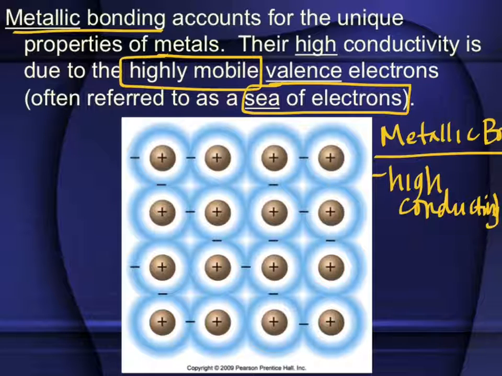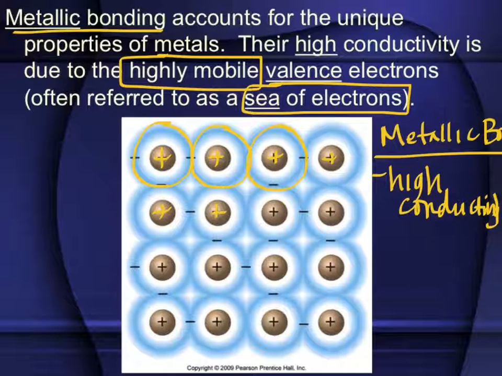So these are nuclei. Each one of these pluses is a nucleus. This round part right here is showing the valence shell. And then you see all these little negative signs.